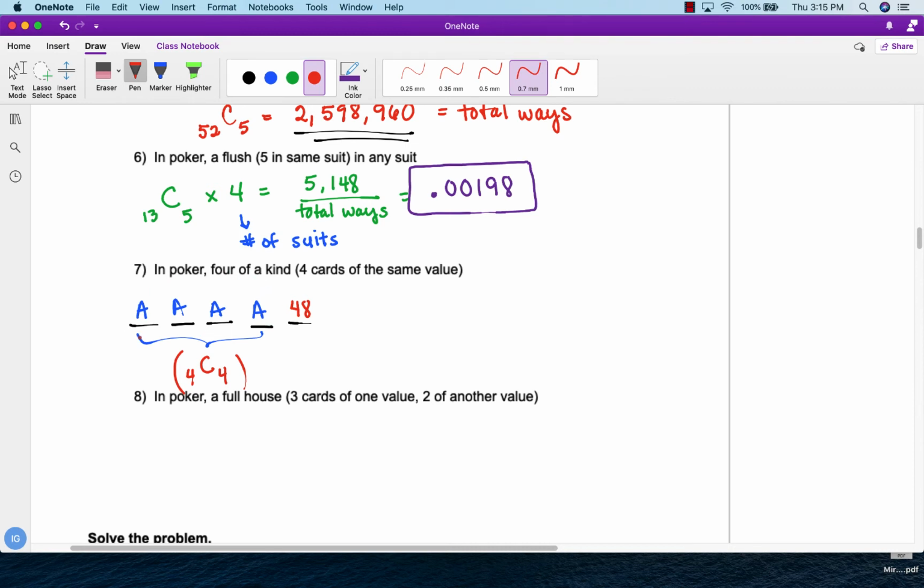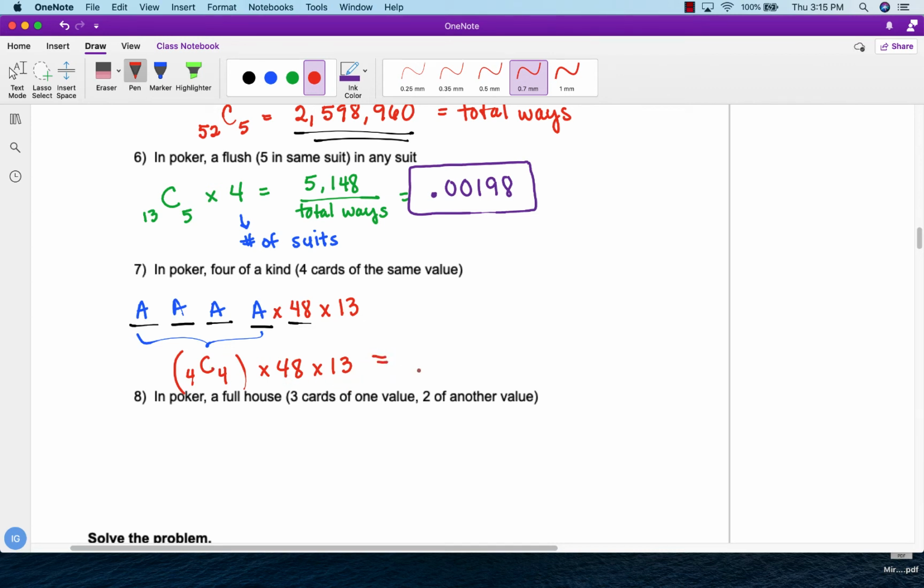Now remember, we have aces, we have 2, 3, 4, 5, 6, 7, 8, 9, 10, and then we have the jack, the queen, and the king, right? So we have to multiply this times 13, because we have 13 options to do this, okay? So 4 choose 4 times 48 times 13. Now this is equal to 1, so basically just 48 times 13.